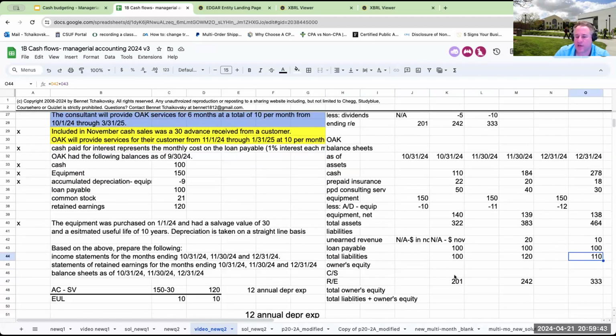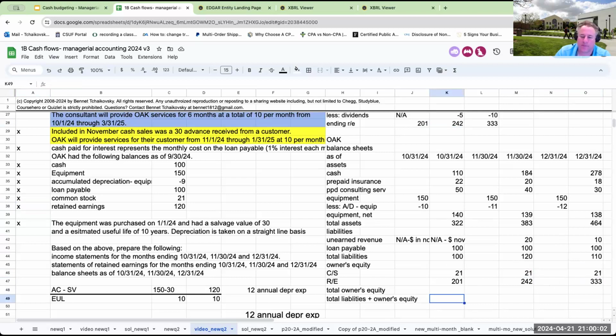Now, for the owner's equity, right? Total here is going to be 21, and that's going to be the common stock balance, right? So that thing is not changing. And over here, the ending retained earnings, we're reflecting those values right over here.